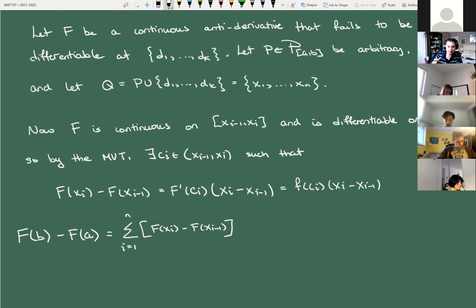Alternatively, again, you can think about it in terms of sort of the picture of FTC1. Again, we're not necessarily in the FTC1 regime, but if you think about it that way, I'm just saying compute the area on the subinterval, and then I'm going to add up the areas on each of those subintervals. And what should that give me? It should give me the area on the entire thing, right? That's basically what I'm doing in this step.